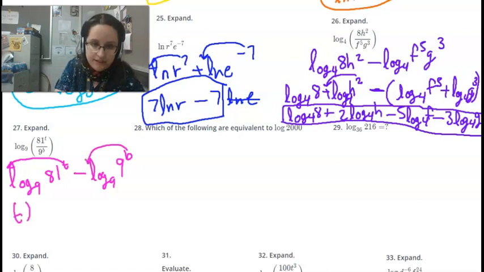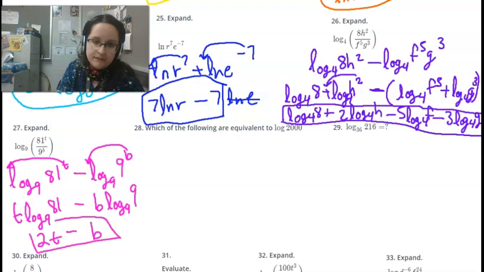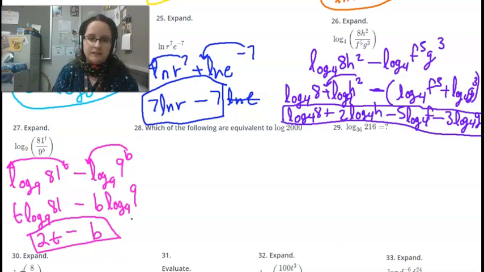We have t log base 9 of 81 minus b log base 9 of 9. 9 to the second power is 81. 9 to the first power is 9. So we have 2t minus 1b. In this case, even though we expanded it, it looks more simplified.